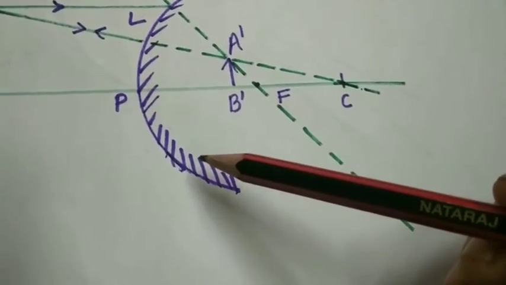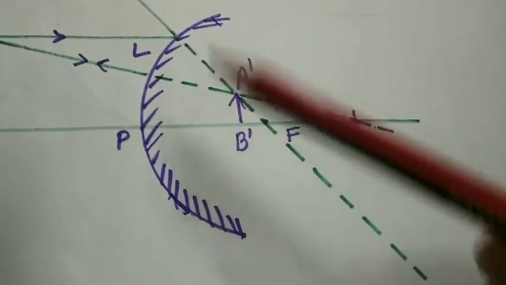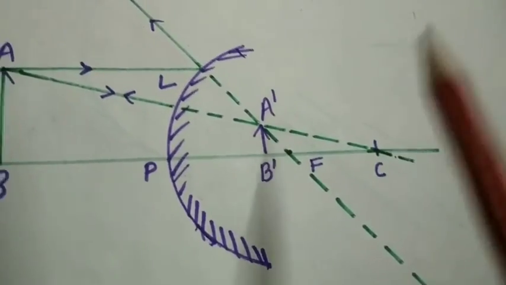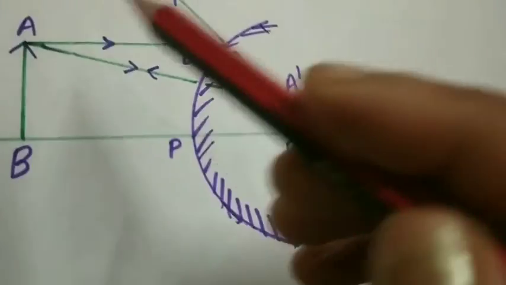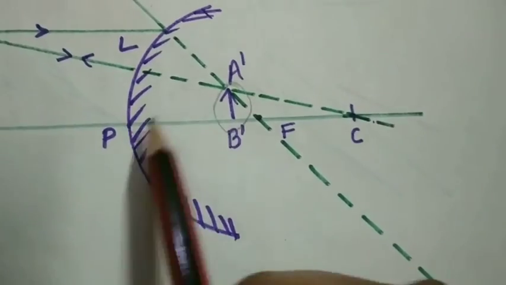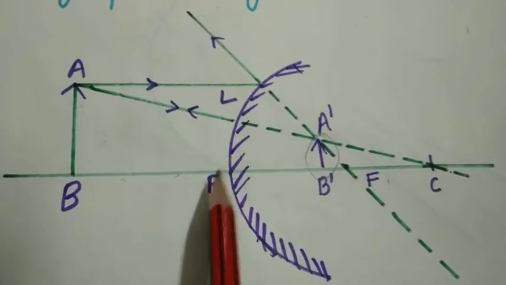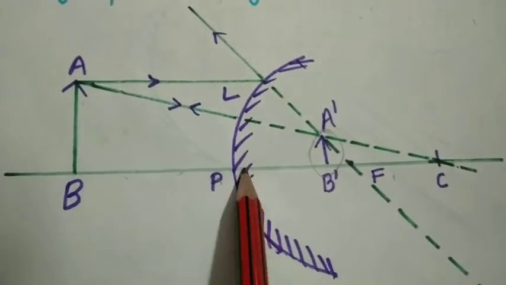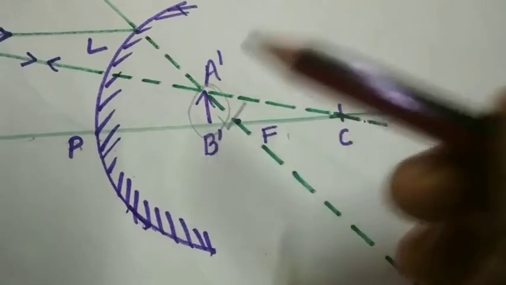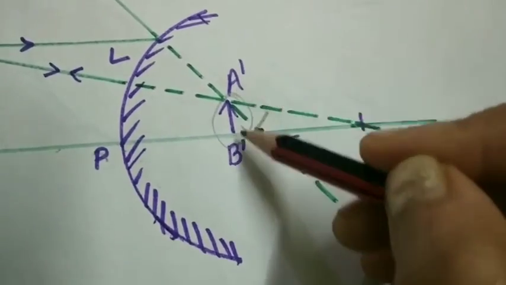The same methods can be used in the case of the convex mirror as we followed in the concave mirror, but in the convex mirror, wherever the object is, the image will always be formed erect, diminished and between the pole and focus. चाहे वो object कहीं भी रहे, in case of convex mirror, it may be between the pole and the focus, it may be in front of the mirror, it will be anywhere. अगर वो कहीं भी है, उसकी एक ही कंडीशन रहेगी, that it will always be virtual, erect and diminished.